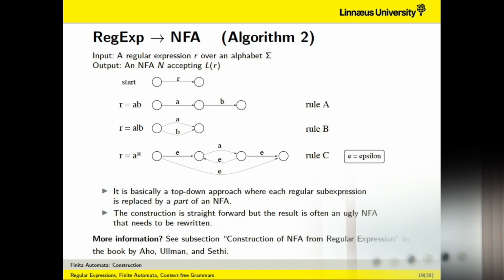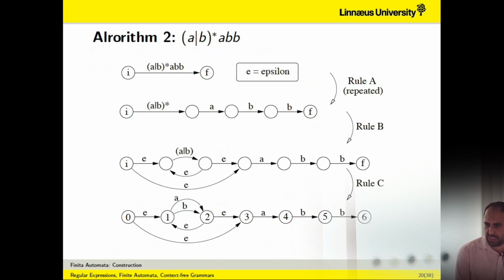And for the star notation, which denotes multiplicity, we have this epsilon rule. Don't ask me what is the logic of this one. The only thing is that it will give you the NFA.